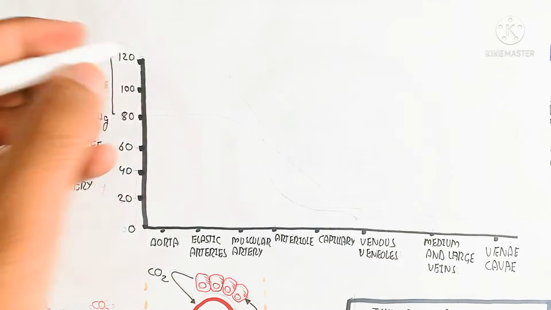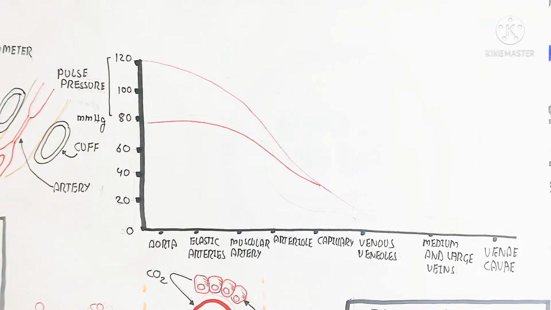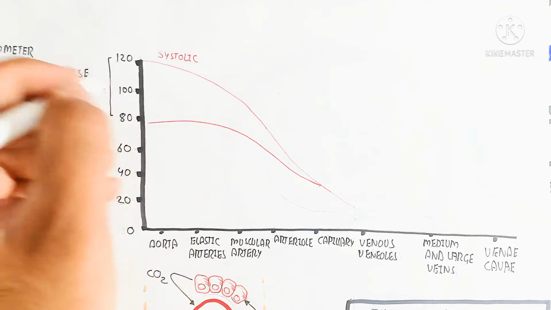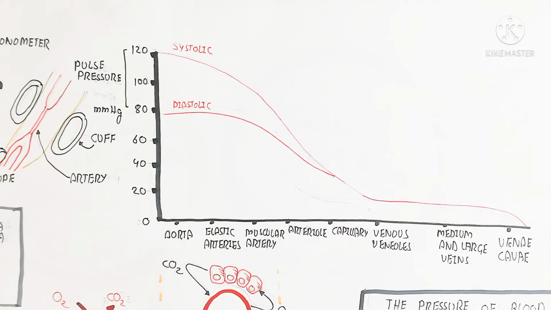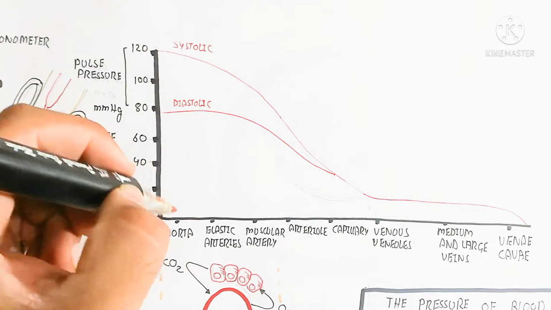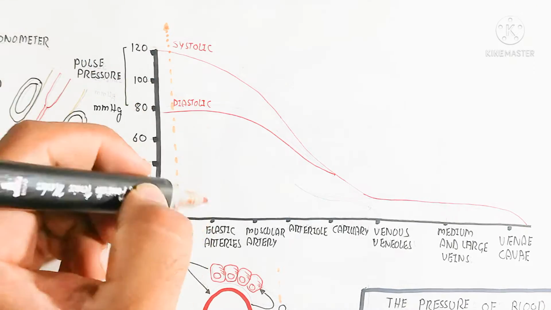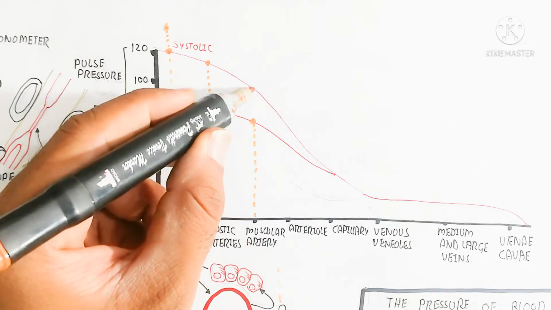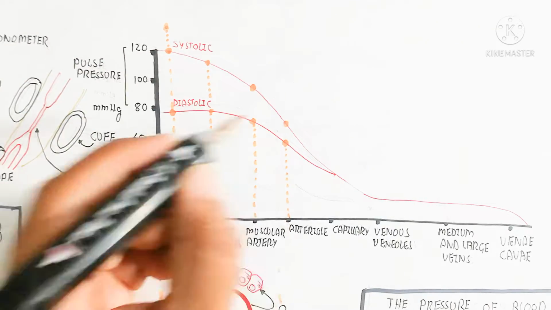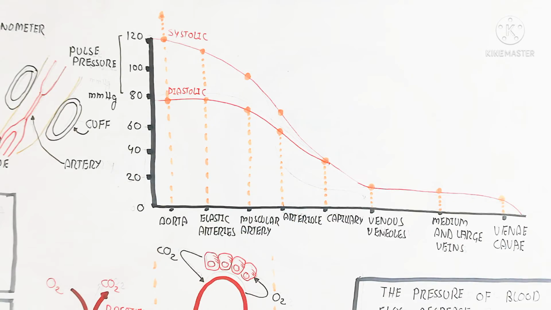This pulse pressure is 0 to 120 in the normal person, with different arteries containing different systolic and diastolic pressure. So this is the systolic pressure, and systolic pressure is 120 in the heart, while it is 80 millimeters of mercury for the diastolic pressure in the heart, and it ultimately goes into the elastic artery the same. That is why we can detect it through our arm.